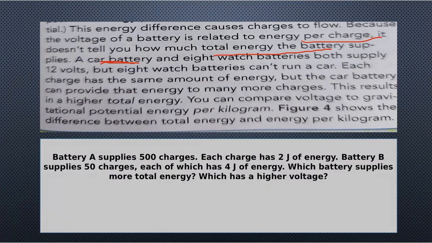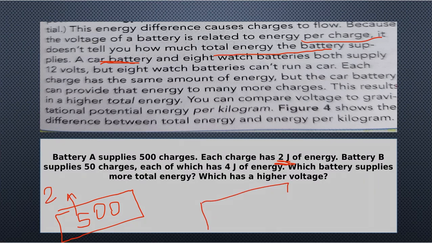And there is another battery, battery B, that can supply only 50 charges. The number of charges here is less than here. But each charge here contains 4 joules of energy. Compare between the numbers.